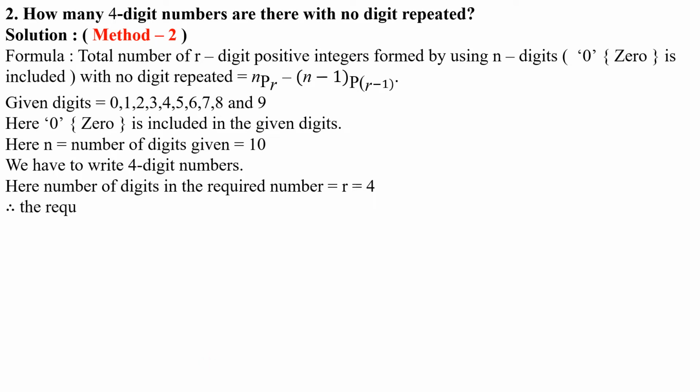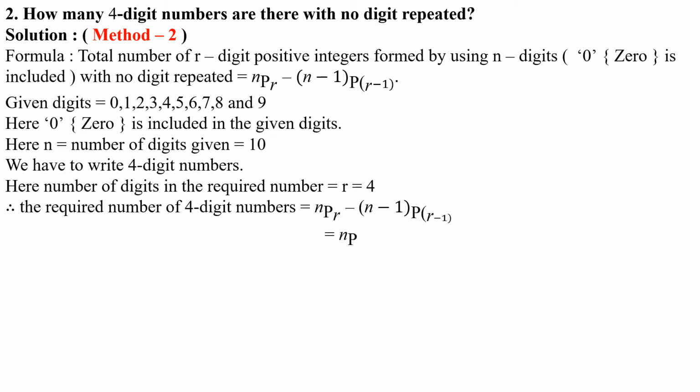Therefore, the required number of 4-digit numbers is equal to nPr minus (n-1)P(r-1). I told you we use this formula. What is n? What is r here? 4.